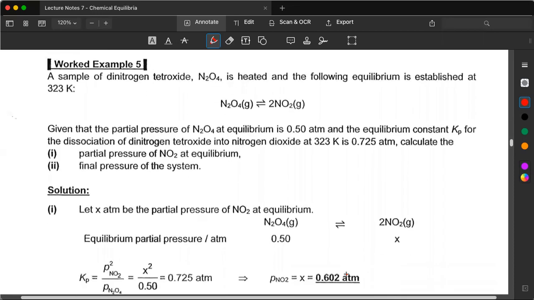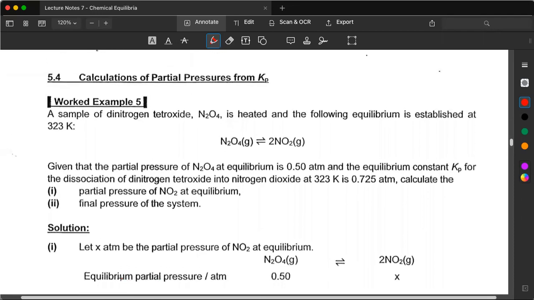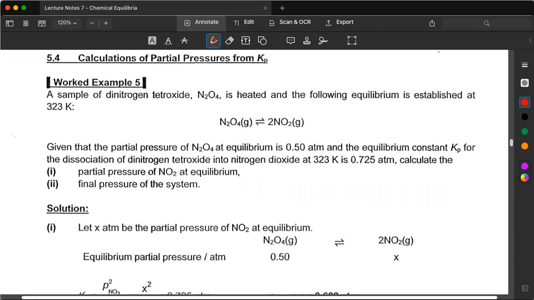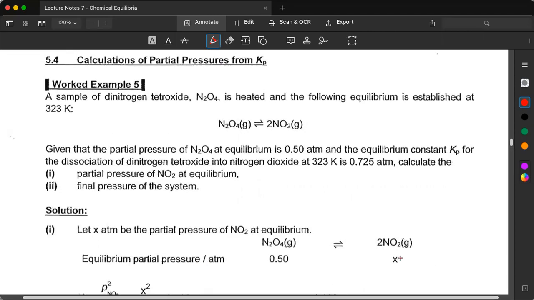So to do this, let X be the unknown. Every time in the question they ask for a certain thing, that thing becomes the unknown, if that's easier for you. So X is the partial pressure of NO2 at equilibrium.